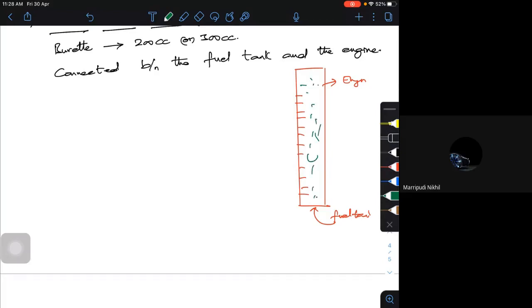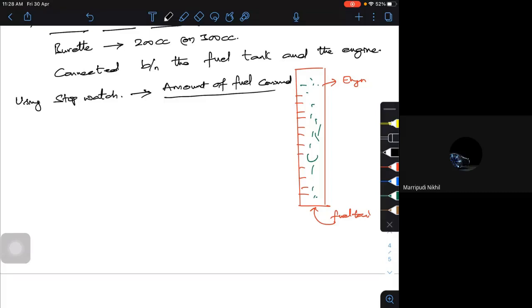Then we are going to use a stopwatch. Using the stopwatch, we'll note down the amount of fuel consumed per given time, which may be 10 seconds.